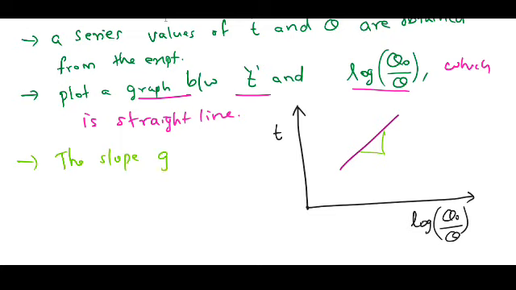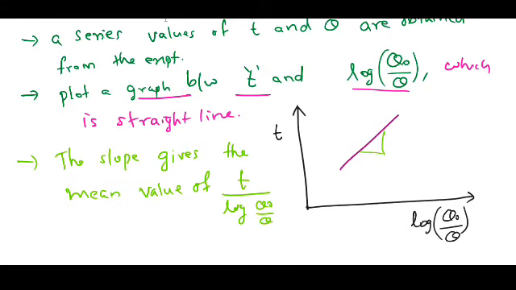The slope gives the mean value of t by log theta 0 by theta.